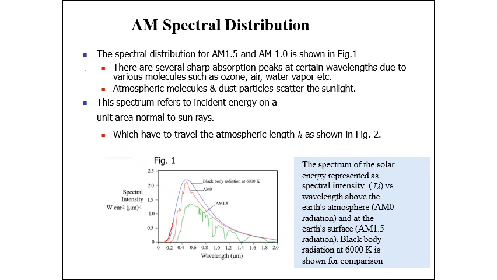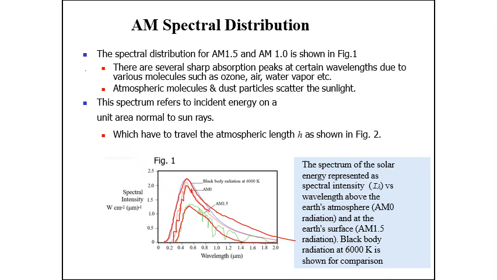You can see it's very smooth, while air mass 1.0 has a bit of an irregular shape, and air mass 1.5, that means when the sun is even more inclined, for a particular wavelength we can see the spectral intensity dropping, plus it is becoming very irregular.